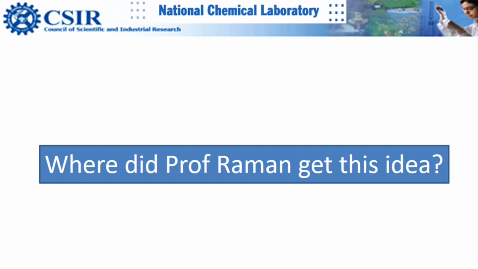So where did Professor Raman get this idea? He got this idea by challenging Rayleigh's theory on the blue color of ocean water, and also the slightly bluish tinge in the glaciers. Lord Rayleigh gave a beautiful explanation for the blue color of the sky, which we all know is because of Rayleigh scattering, whose scattering cross section is inversely proportional to lambda to the power 4.